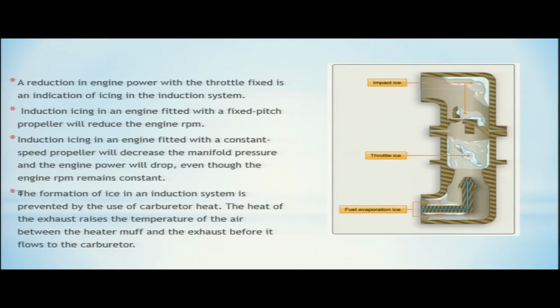If your engine is fitted with a constant speed propeller, a decrease of manifold pressure will indicate that your power is dropping even though your RPM is constant. So, with a constant speed propeller, a decrease of manifold pressure will indicate that your induction system has icing even though your RPM remains constant, whereas in a fixed pitch propeller, a reduction in engine RPM is an indication that your system is having induction icing.